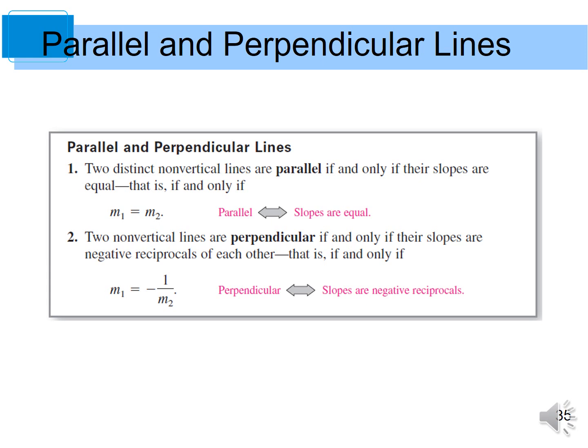Okay, this is a summary. Two different non-vertical lines are parallel if and only if their slopes are equal, m1 equal to m2. Two non-vertical lines are perpendicular if they satisfy this condition, m1 equal to negative 1 over m2.